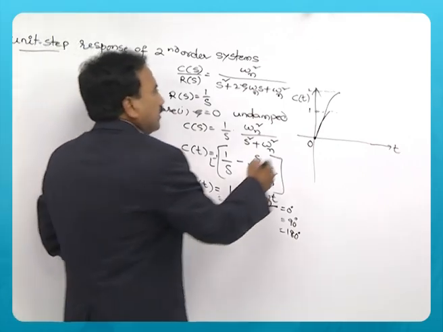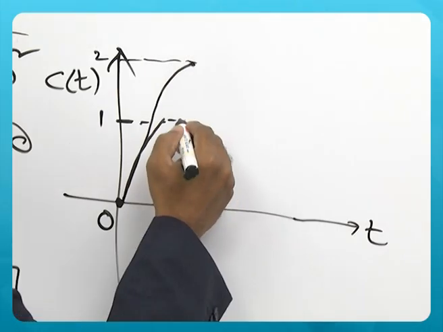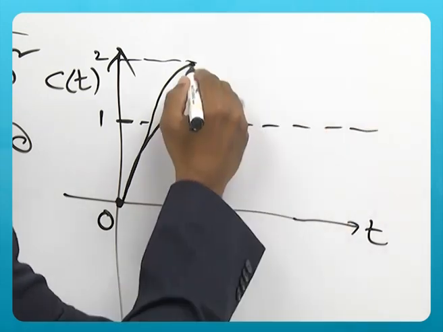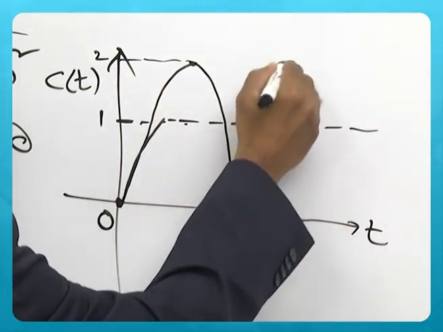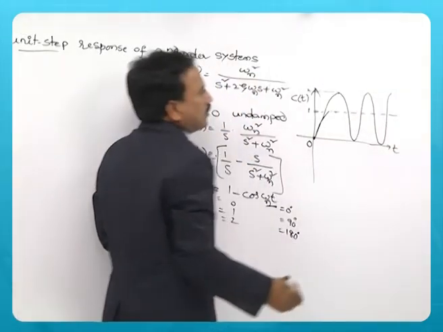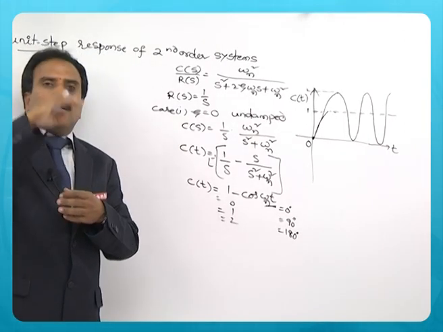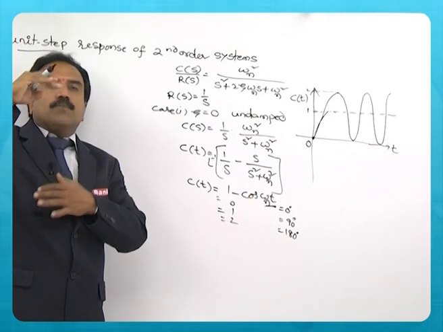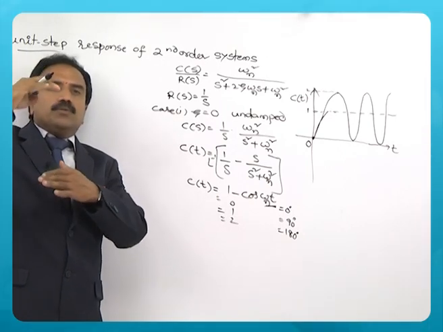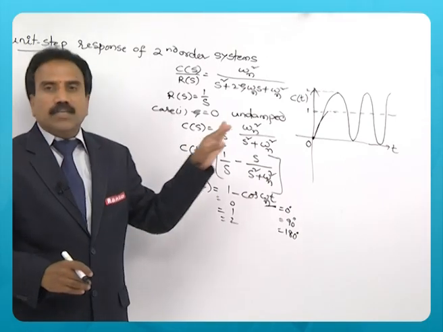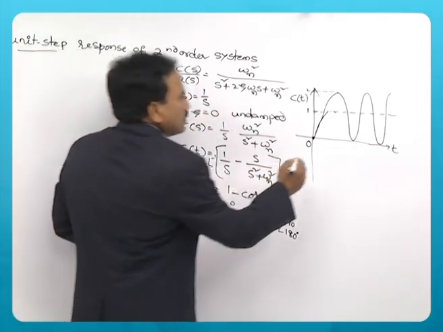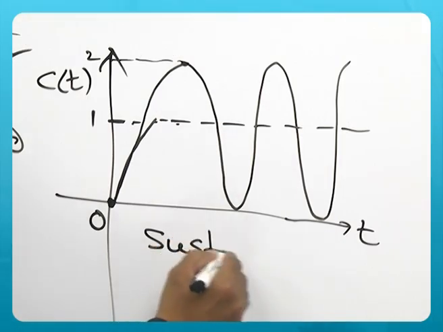And then it continues like this. The oscillations will be above 1 up to 2, and then below 1 down to 0. So between 0 and 2, the oscillations will continue, called sustained oscillations.